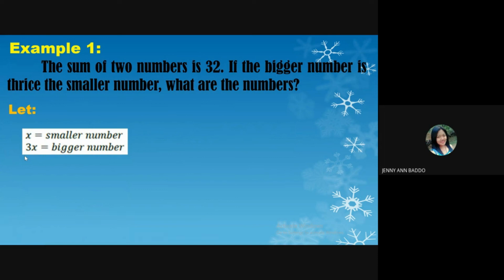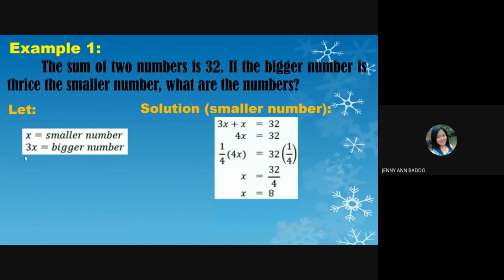So we have 3x. And for our solution, we have the sum of two numbers is 32. Again, sum of two numbers, so that's x plus 3x equals 32. Combining like terms, 3x plus x, that's 4x equals 32.